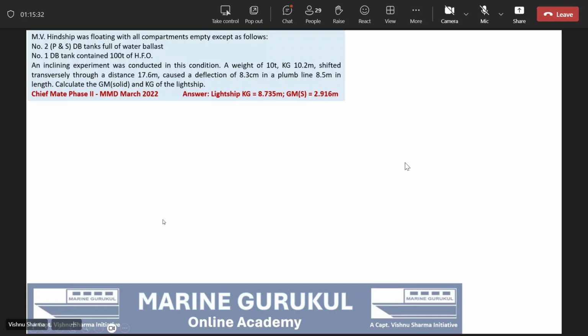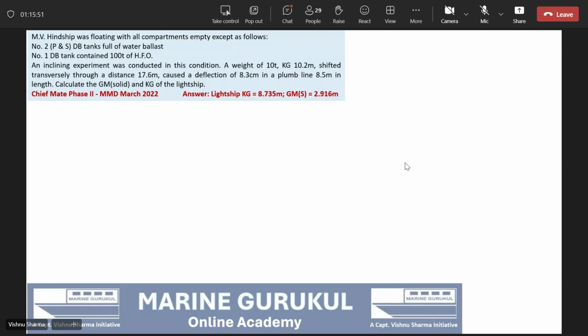MV Inship was floating with all compartments empty except as follows. Number 2 port and starboard DB tanks full of water ballast. Number 1 DB contained 100 tons of HFO. An inclining experiment was conducted in this condition.